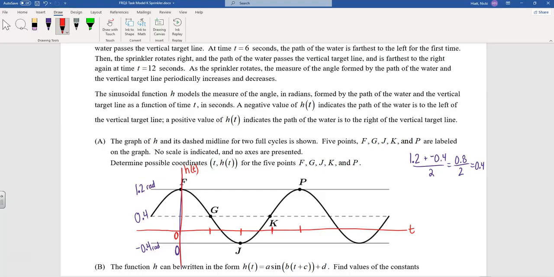Okay, are we all okay here? Okay, so we've got our y coordinates. For these points, you could go ahead and fill in those y coordinates. So here you got 1.2 and 1.2. Down here, you've got negative 0.4, and then there at the midline, you've got 0.4 and 0.4.